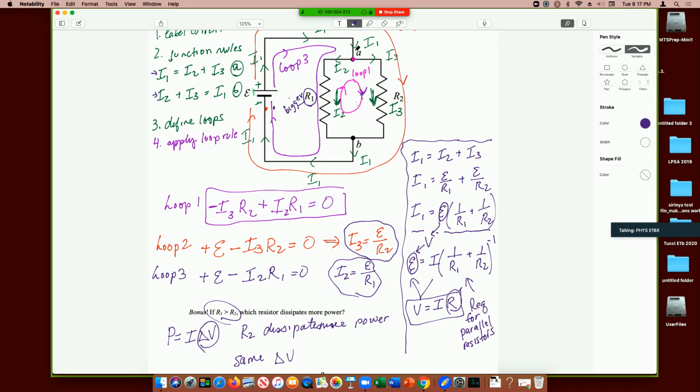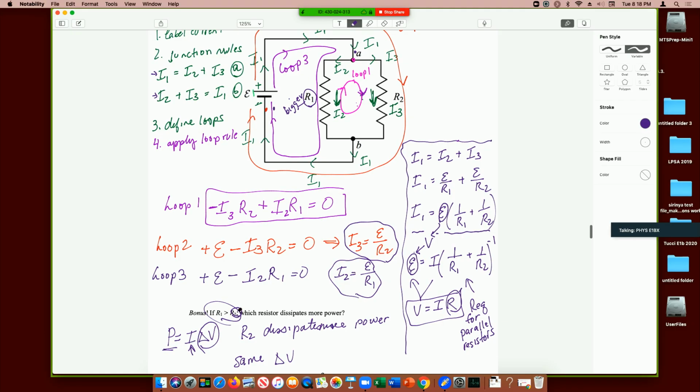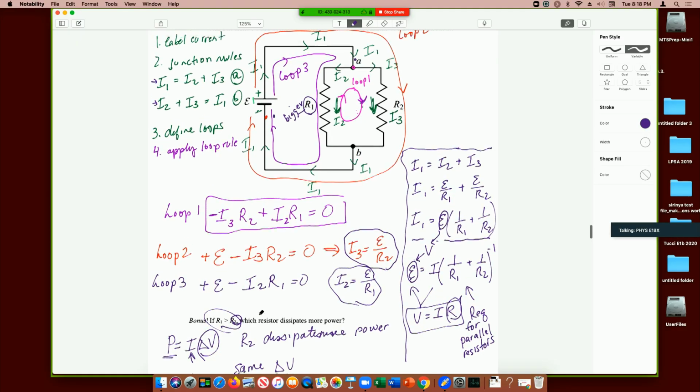When the current gets to this point, less of it is going to go down this branch because the resistance is bigger. So if R2 is smaller, then more current will go through it. More current, because the voltage is the same, constitutes more power. But again, we wouldn't have known that from the circuit itself, from all of what we worked out. It was just because the question said it.